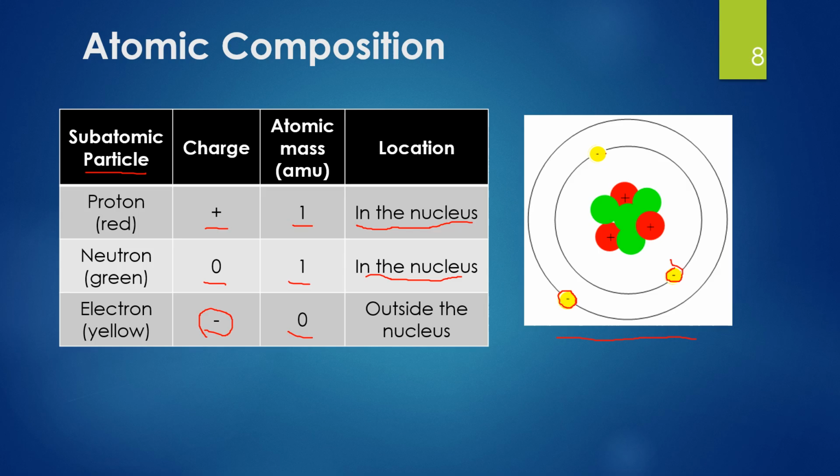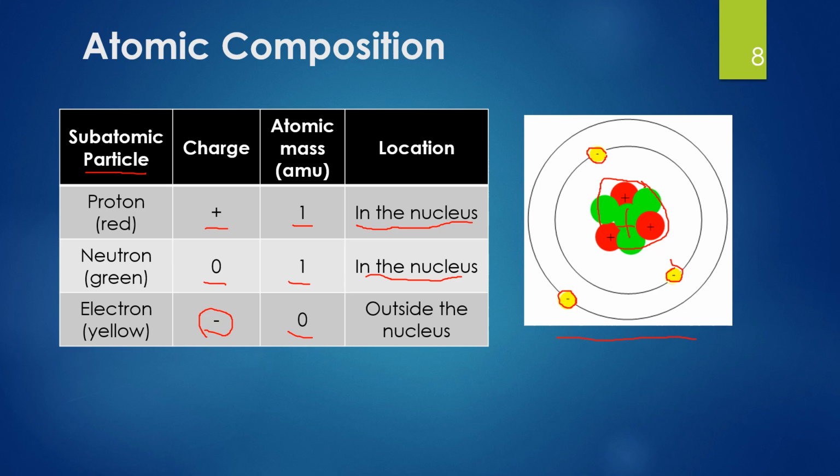And why do they orbit the nucleus? Well, if you think about the charges, we have the nucleus in the center, which is this center pocket that contains all of the protons and neutrons. Notice the nucleus has positively charged protons and neutrally charged neutrons, so the overall charge of that center nucleus is going to be positive.